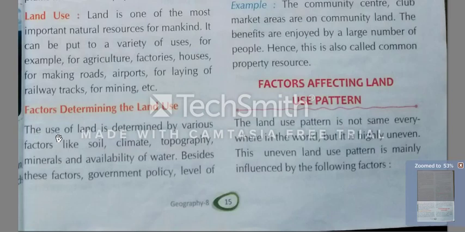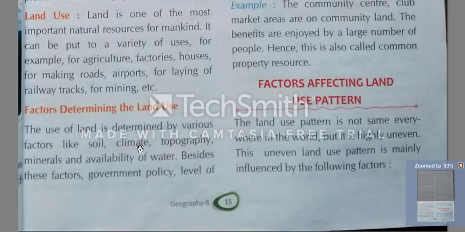Determine means to confirm or decide. The use of land is determined by various factors like soil, climate, topography, minerals, and availability of water. By all these factors you can determine the use of land, through the soil.